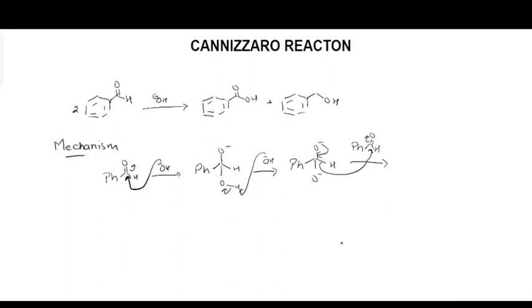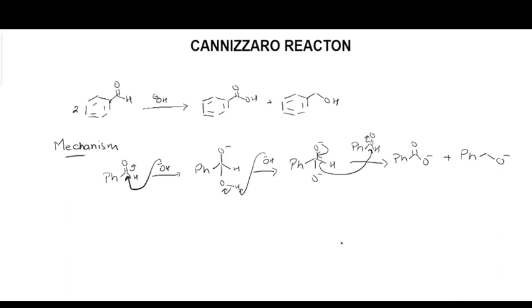So what we are left with here is a carboxylate anion, or a salt of carboxylic acid, and here you can see that because hydride was transferred here, this CH is now converted into a CH2 with a negative charge on oxygen.